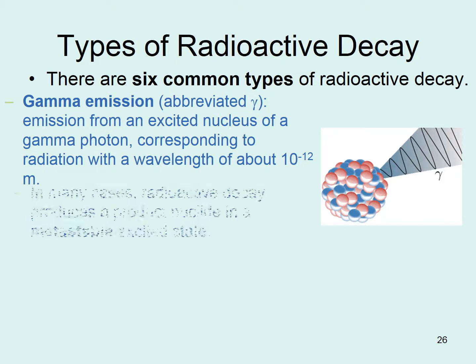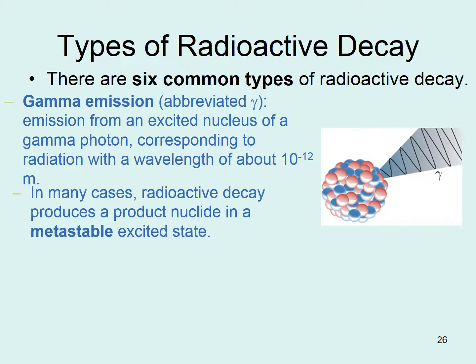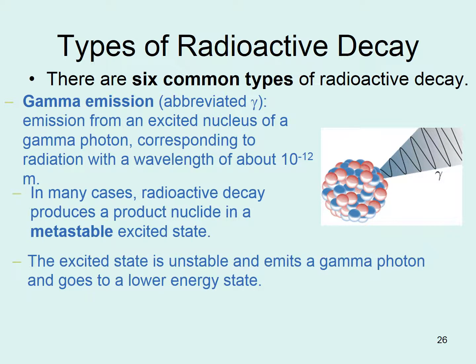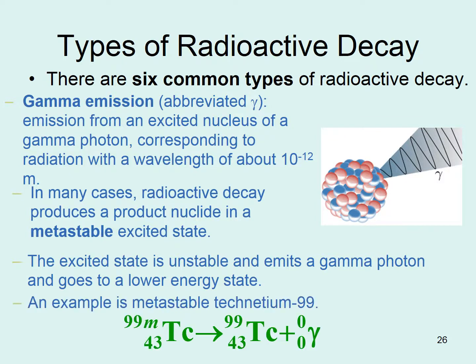In this case you have an excited state called a metastable state. You don't actually change any particle to anything else, but it's unstable, so it's metastable, and then this excited state emits a gamma photon in order to come down to a lower energy state.